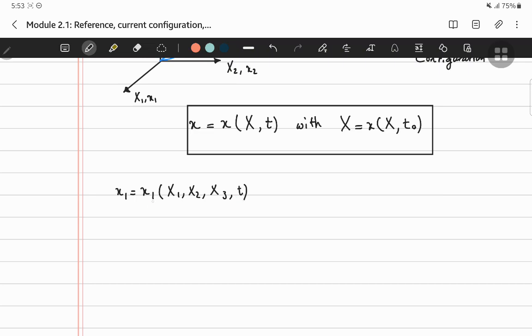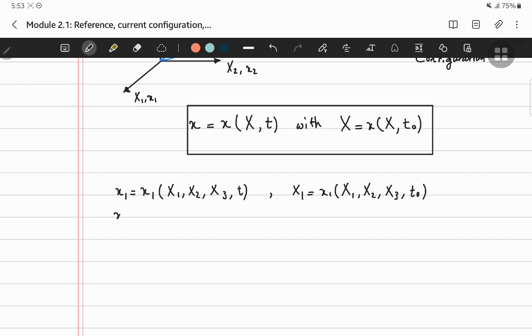So at the current configuration, x1 is a function of all the elements of capital X, or the initial configuration, at time t, where x1 at the initial configuration is a function of x1, x2, and x3 at the initial time.